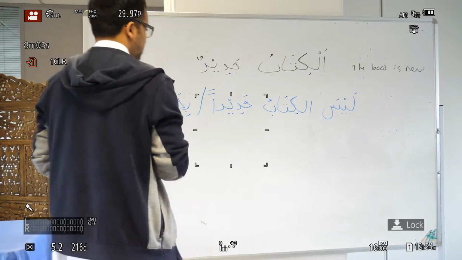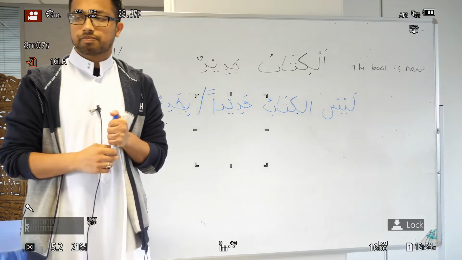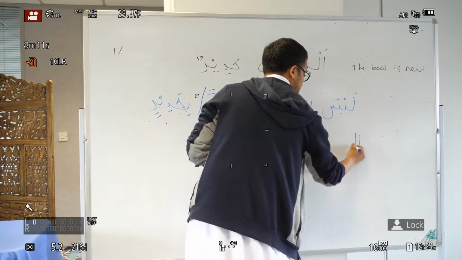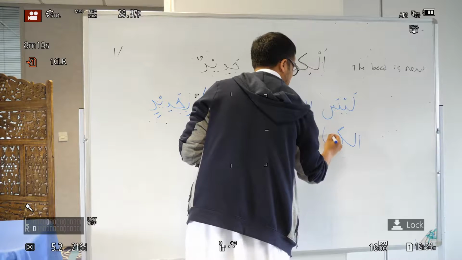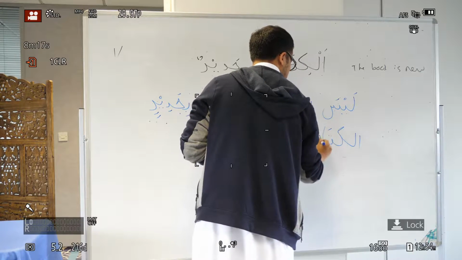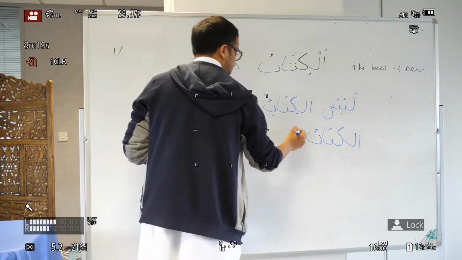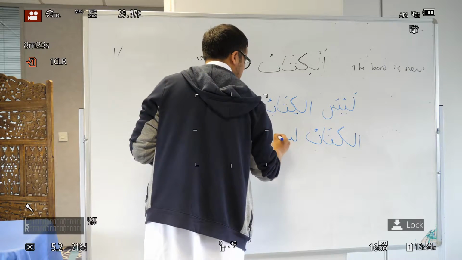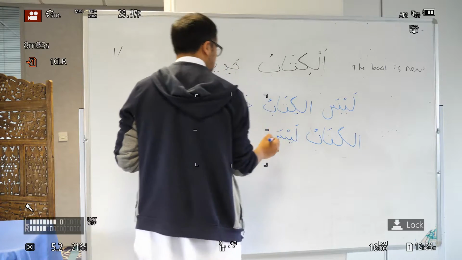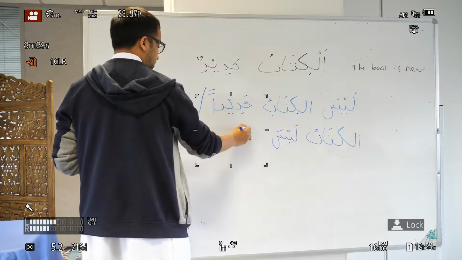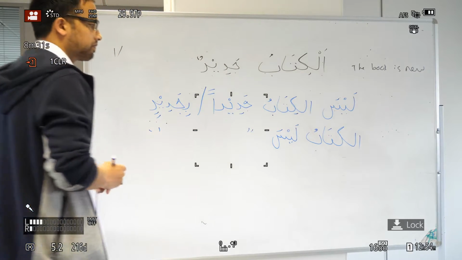Okay, what are the other 2 ways that we can say? The other way we can say it is we put the al-kitab first. Al-kitabu laysa, then you have the same ending.